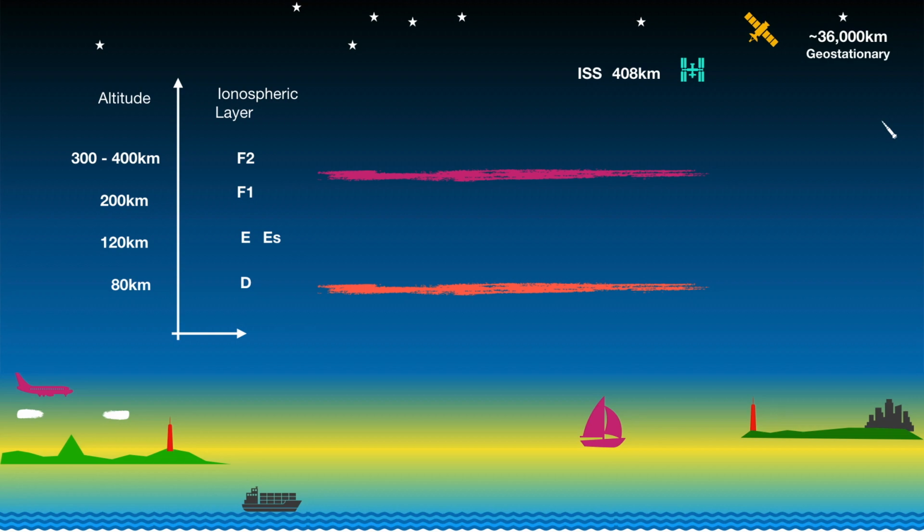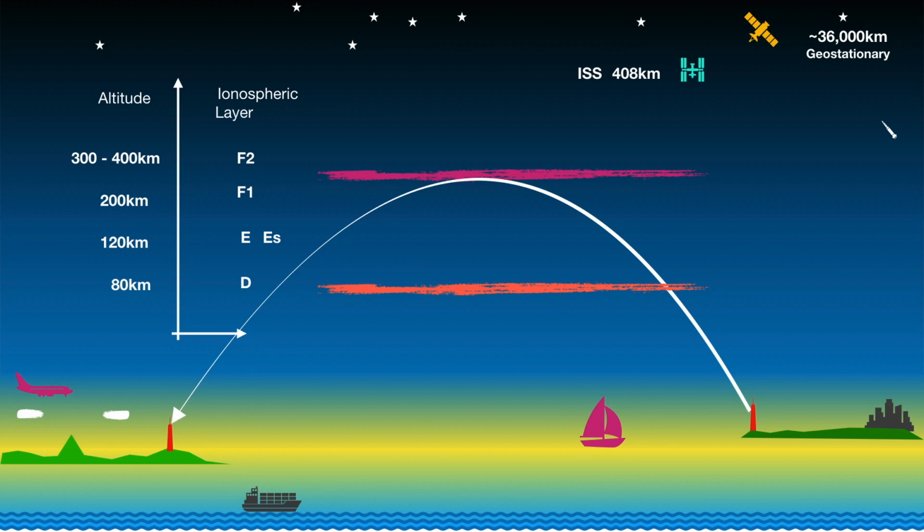Now, as the sun has continued to ionize the layers during the day, the F1 and F2 layers have also, particularly the F2 layer, become ionized, as have the layers in between the D and the F2. And so higher frequencies are able to penetrate the D layer.